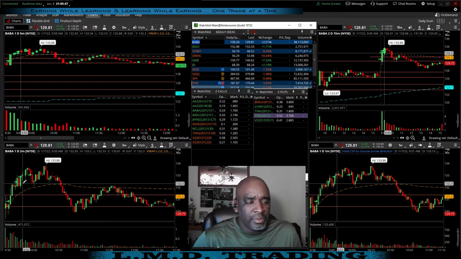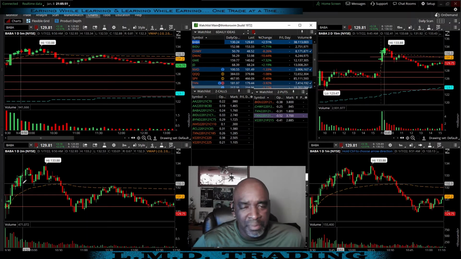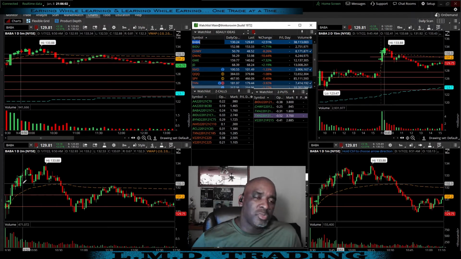Usually on these type of somewhat momentum trades, if you're buying on the bid, you're usually not going to get filled. So usually what I'll do is I'll either buy it on the ask, or I'll buy it on the spread in between the bid and the ask.